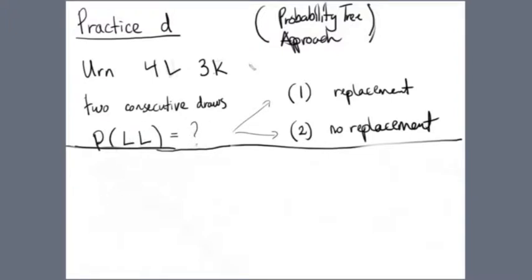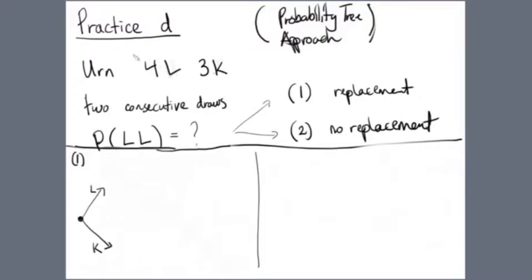What's that probability? So we're going to do the probability tree approach. We'll do question 1 first. That's with replacement. So one way of looking at this is on the first draw, we could either draw a purple or we could draw a pink. What's the chance of drawing a purple on the first draw?